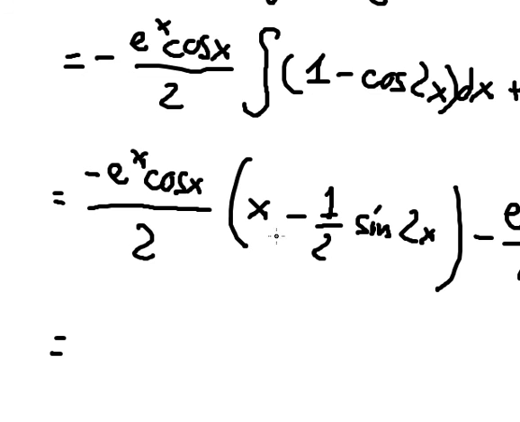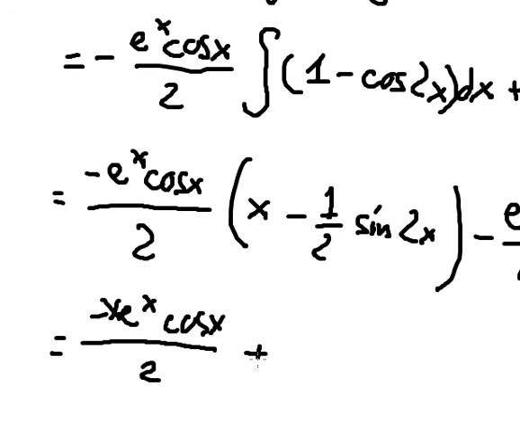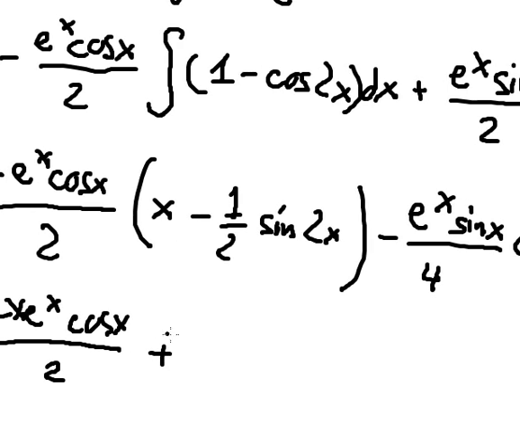So this one multiplied, and we have like this. This one we have 1 over 4.